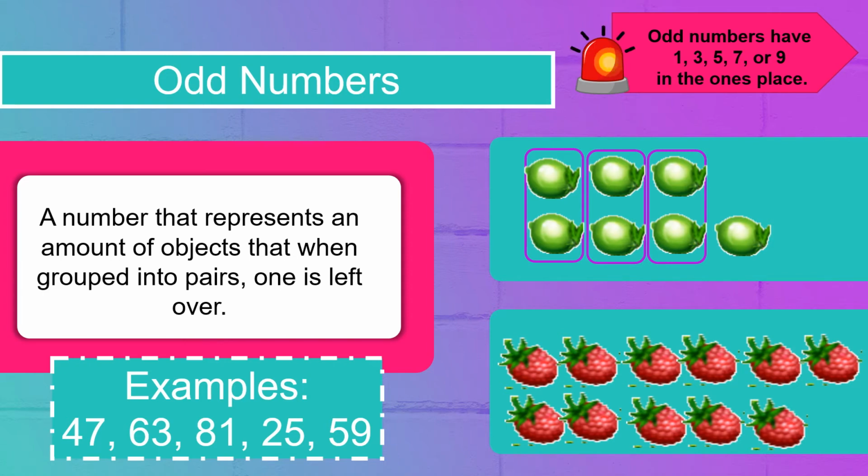There are 11 raspberries. Let us group them into pairs now. 1 pair, 2 pairs, 3 pairs, 4 pairs, 5 pairs. We were able to make 5 pairs of raspberries with 1 left over. This tells us that 11 is an odd number.